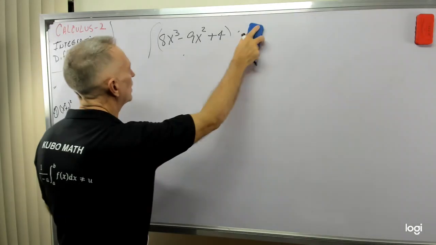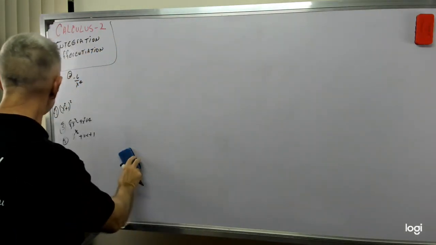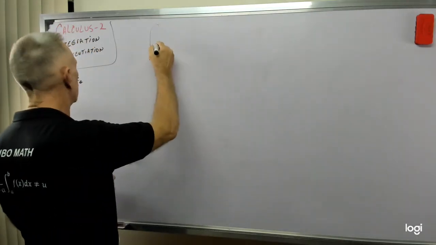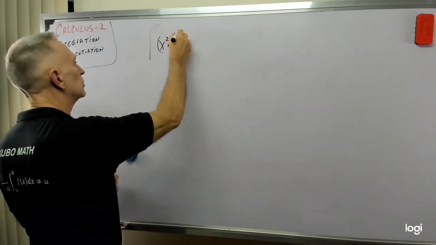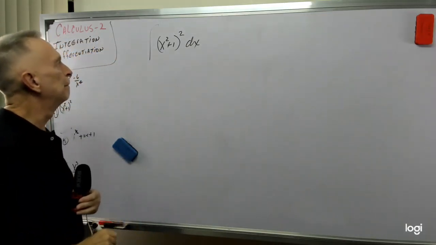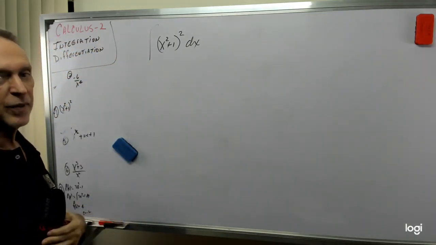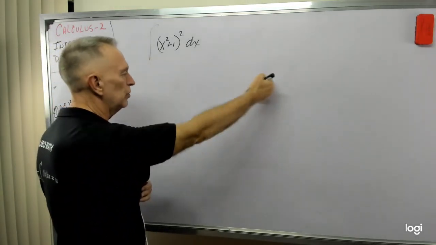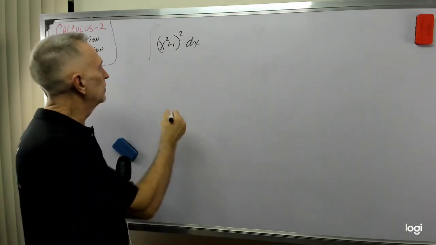Maybe it's better if I write down more of the derivative steps. What would we do with this guy? The integral of x squared plus 1 squared dx. Well, probably the easiest thing to do would be FOIL that, which would give you an array of terms, and you could integrate each one.